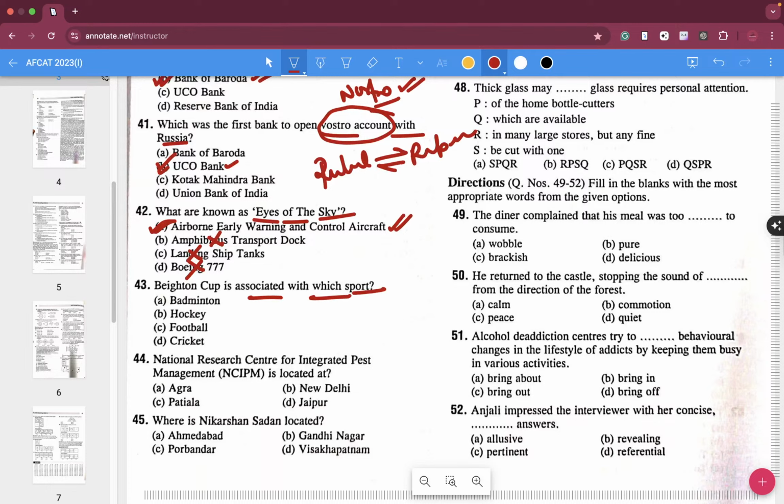Beighton Cup is associated with hockey, one of the very old sports tournaments. It is conducted in Kolkata, in the state of West Bengal.